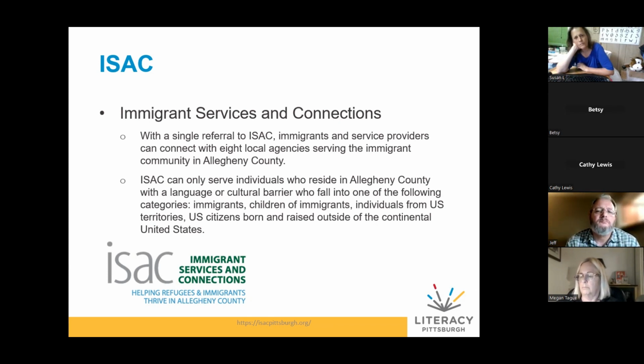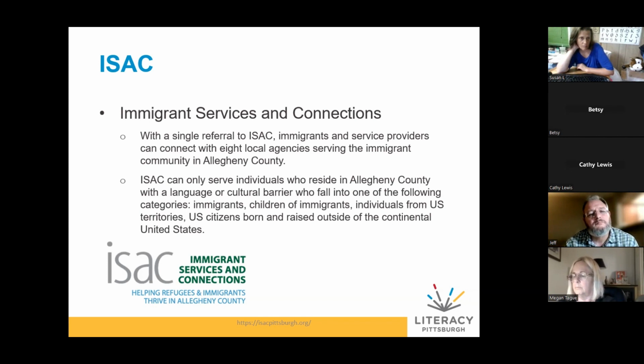So unfortunately, our students from Beaver, Butler, and Washington County cannot be served under ISAAC. However, Literacy Pittsburgh does have quite a few student services coordinators that can help those students in particular. But ISAAC is a great resource. Literacy Pittsburgh has an ISAAC office, so that's where we send a lot of our referrals through.